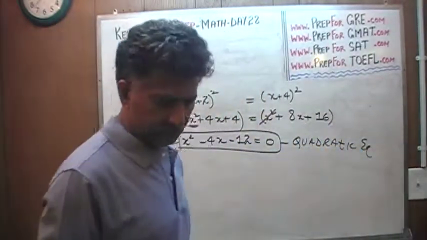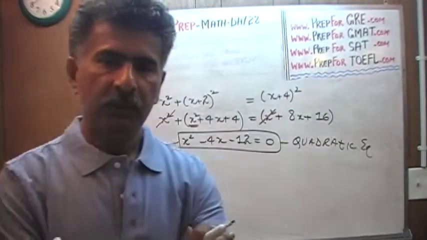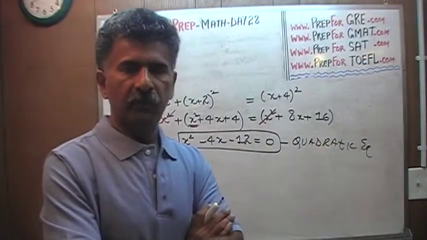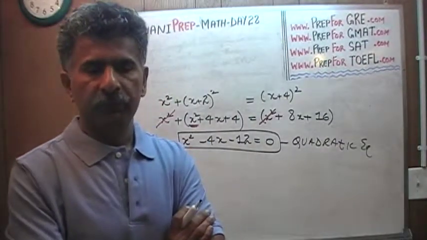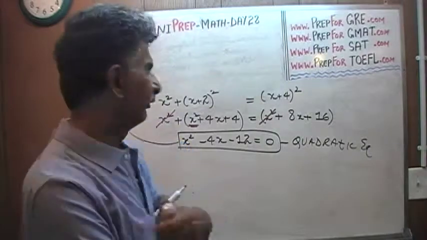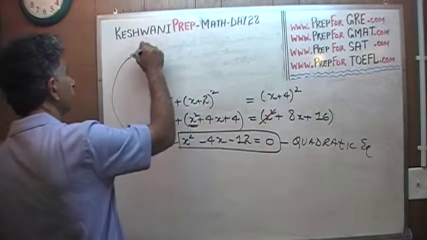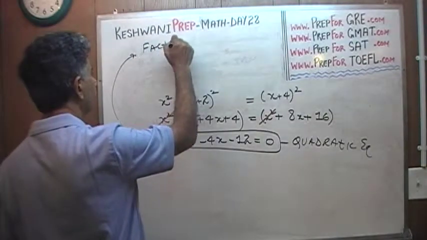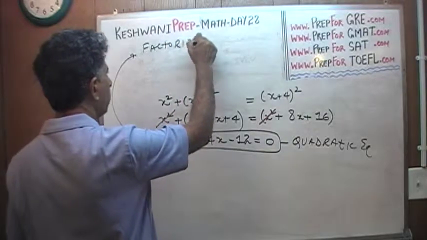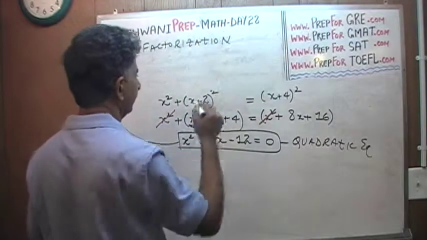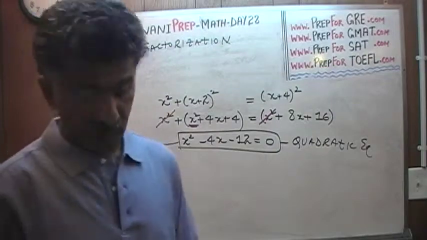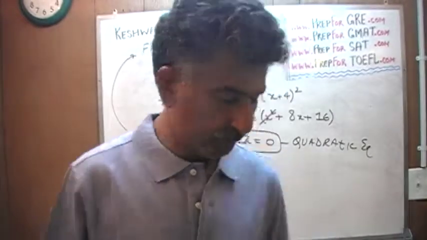And there are 2 or 3 different ways you can solve this problem. One is by using what is known as the quadratic formula. Another one is by using what is known as factorization. In factorization we find the factors of it.